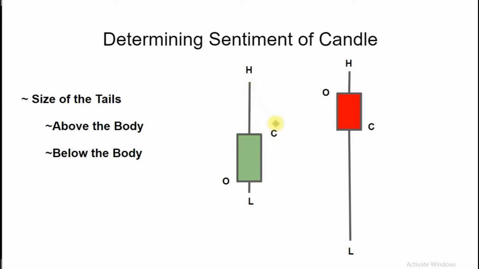The body is green because it still closed higher than it opened, but this long tail above the body indicates a potential bearish sentiment. The bears regained control of the price and drove it back down, rejecting the higher prices.